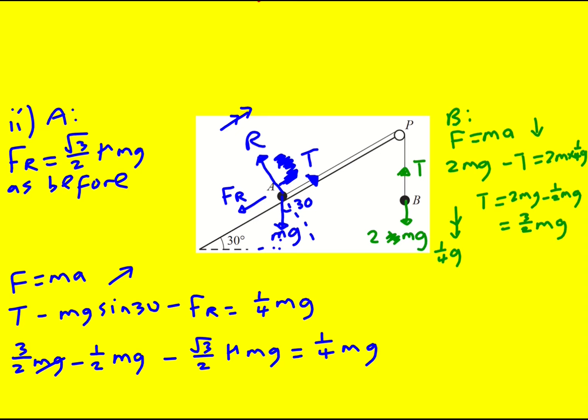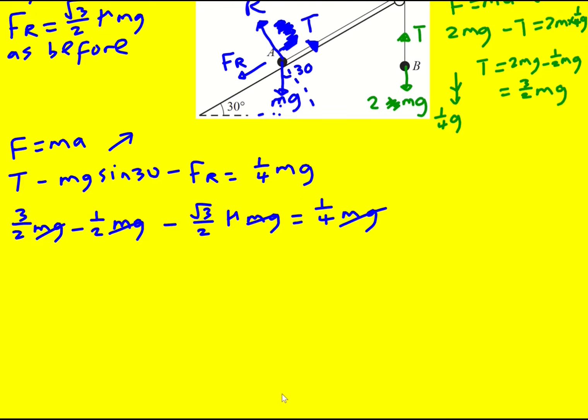The mg's can just cancel out, and 3 over 2 minus a half is just going to be 1. So I've got 1 minus root 3 over 2 mu is equal to a quarter.